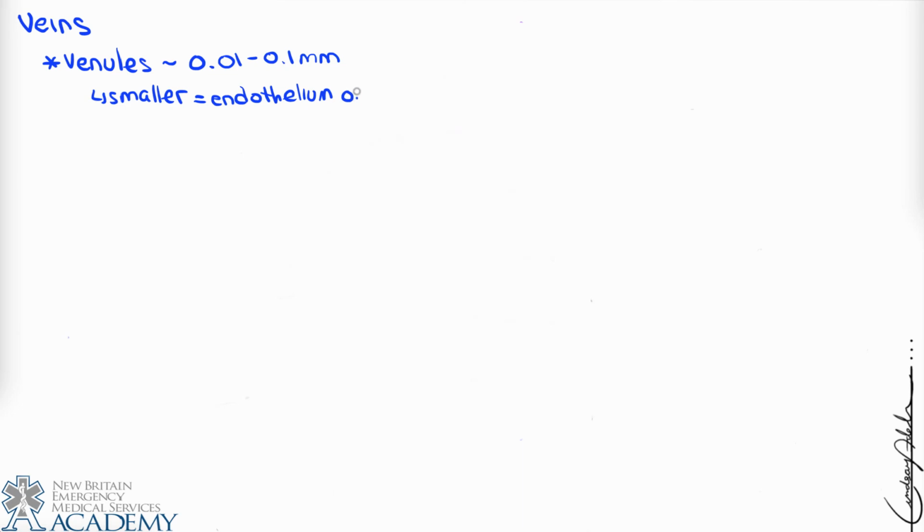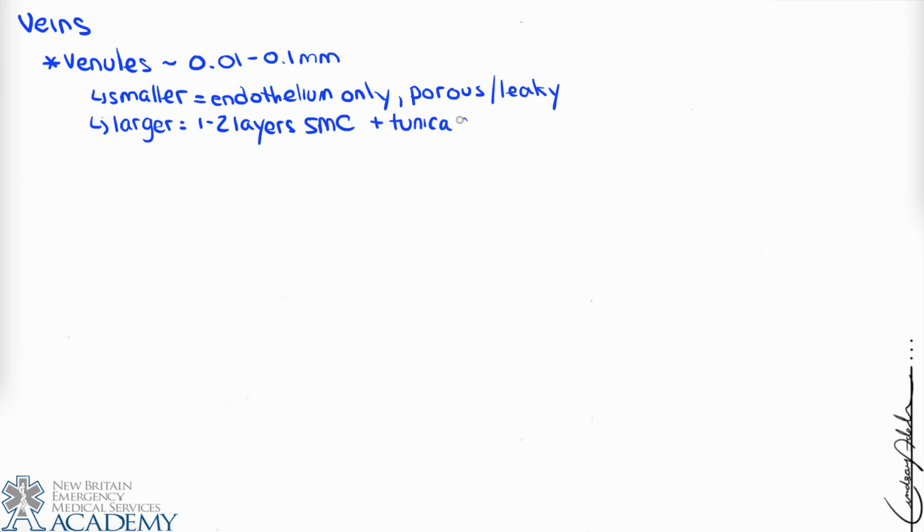There are different sizes of venules. The smaller ones may be endothelium only, and they tend to be porous or leaky. The bigger ones are more likely to have 1 or 2 layers of smooth muscle cells that are scattered, and they may also have a tunica adventitia.